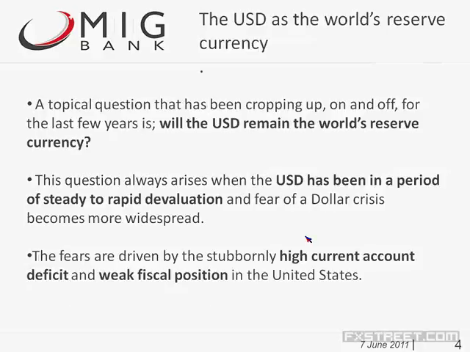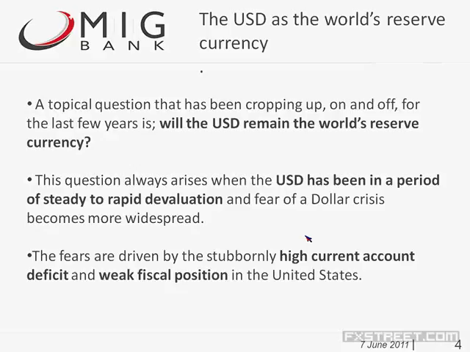So the reason for this presentation really is that, quite often over the last weeks and months, one of the biggest questions out there in the FX markets is whether or not the US dollar will remain the world's reserve currency.